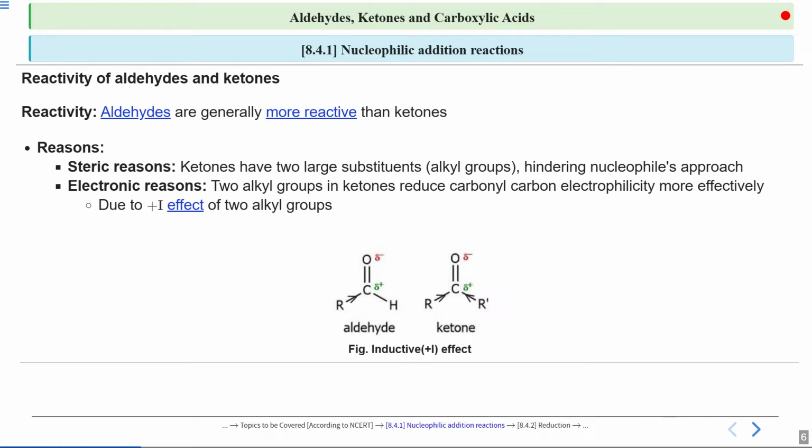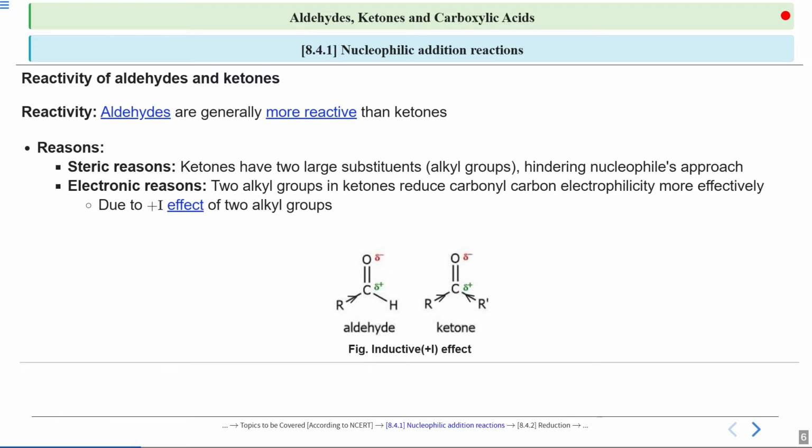So this shielding makes it less likely for the nucleophile to attack the carbonyl carbon because of this steric hindrance factor. Thus, it reduces the reactivity of ketones as compared to aldehydes. Okay, so I hope the reasons are clear why aldehydes are generally more reactive than ketones, because of steric reasons and electronic reasons.